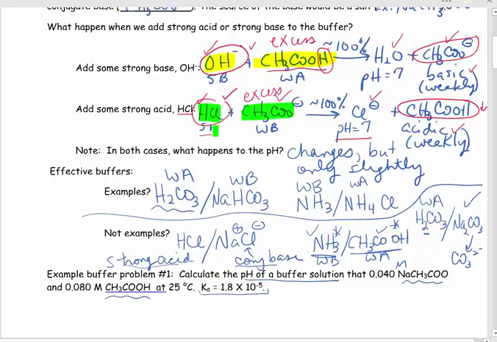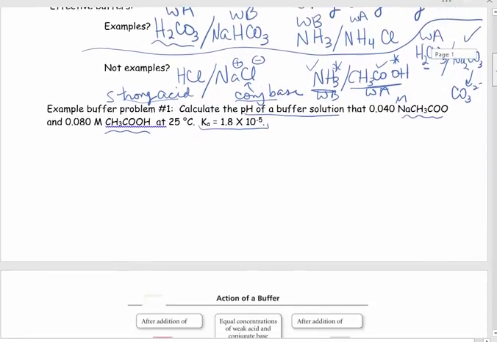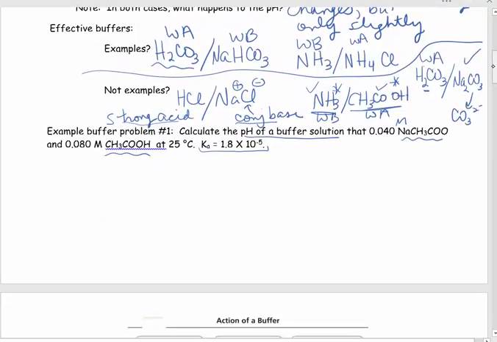So depending on what was added to the buffer, we chose a different component of the buffer to react. All right, so we can do the same thing with this type of problem. We're trying to figure out the pH. So what we're going to do is we're actually going to pick one of the 2 components of the buffer to react. All right, and I'm going to go ahead and I'm going to pick the acetic acid.